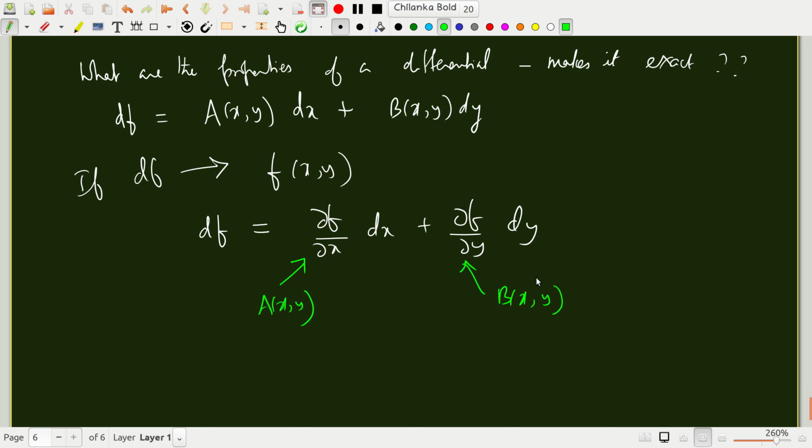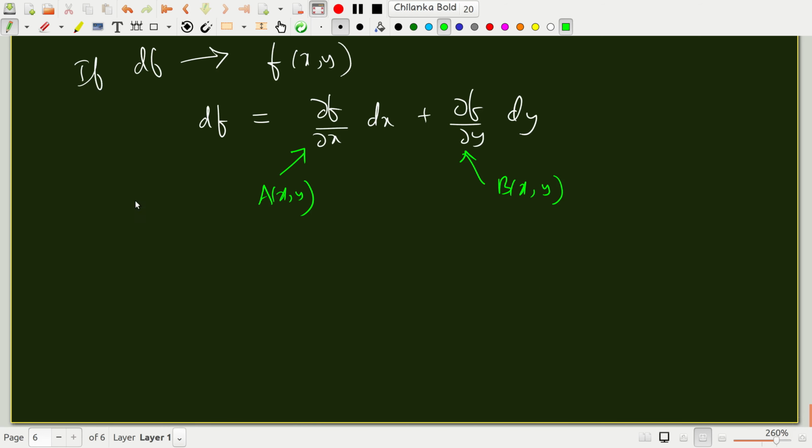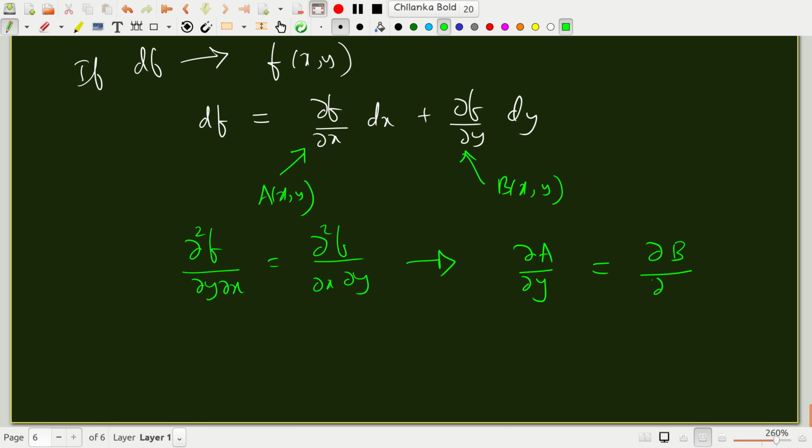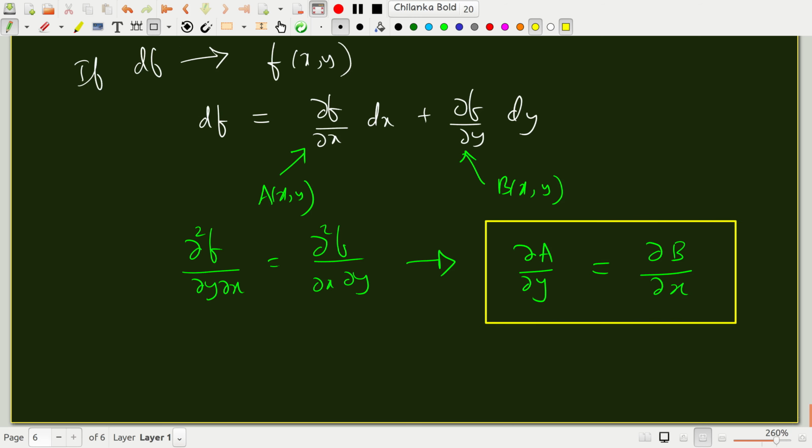Now, if the function is well behaved, I told you that the mixed derivatives are the same. So partial squared f by partial y partial x is partial squared f by partial x partial y, which implies that partial a by partial y should be equal to partial b by partial x. It turns out that this condition is a necessary and sufficient condition for the differential to be exact.